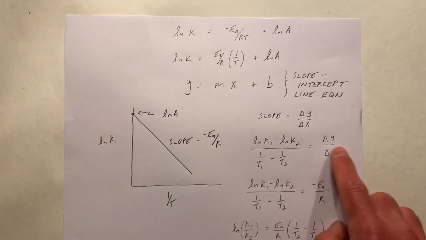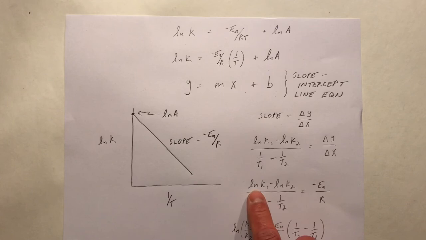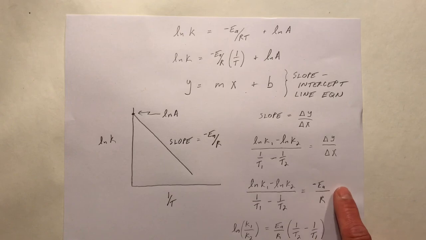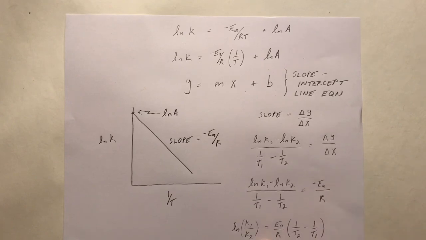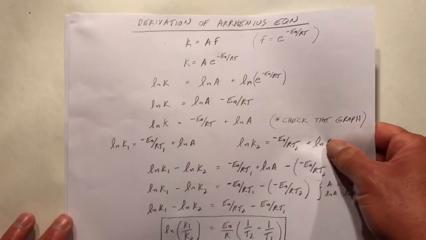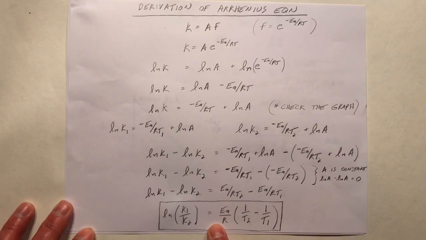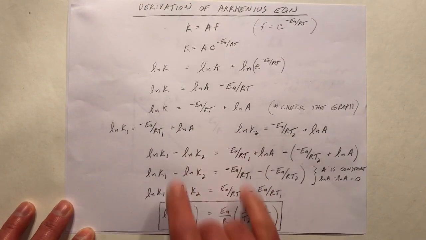So then delta y divided by delta x becomes ln k1 minus ln k2 divided by 1 over T1 minus 1 over T2. That's all equal to the slope. We said that this is the slope. We can rearrange that equation and we'll get this expression. Well, that's the same thing that we got here. And hopefully that clears up why we did this subtracting of the equations.